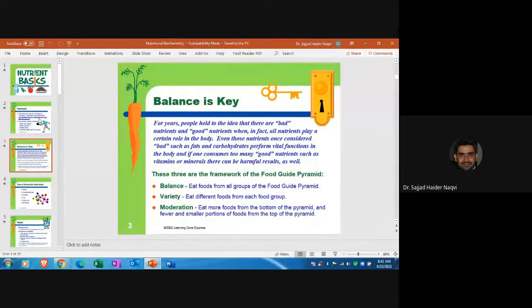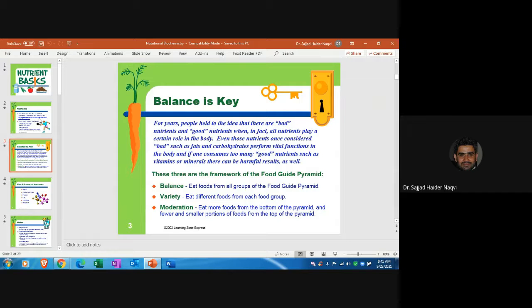As I said, for nutrition or for food, balance is key. Why do we say balance is key? Because the nutrients that we take in our food have a wide range of molecules. Based on that, they differ in how much energy they provide and in what kind of building blocks they provide, and so on and so forth.